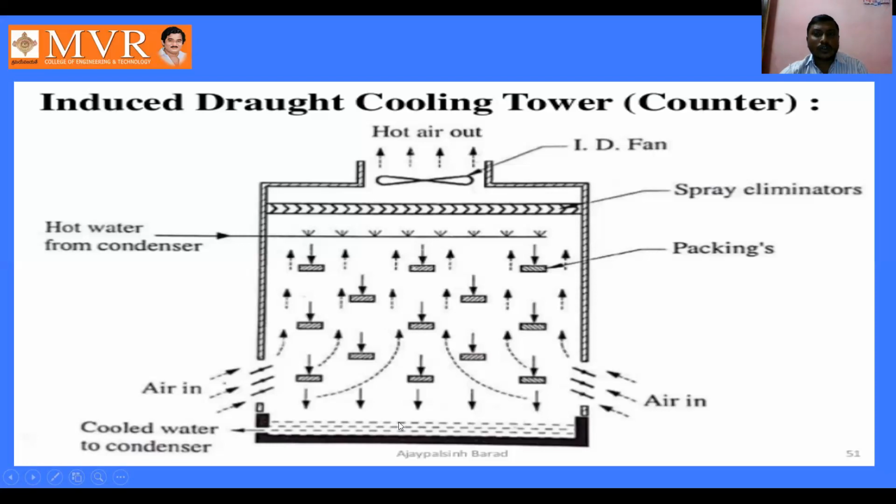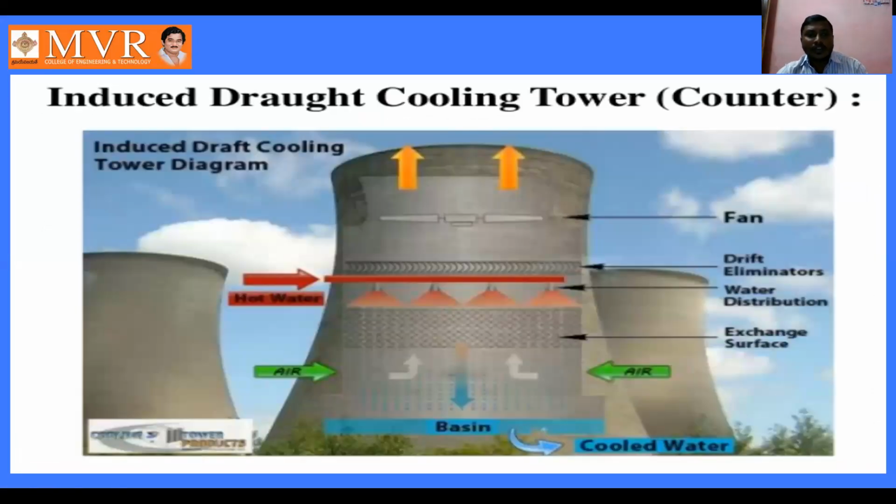This is how the cooling water works. Cooling towers are used in thermal power plants for recirculation, for cooling purposes. So this is the induced draft cooling tower which we can observe in thermal power plants.